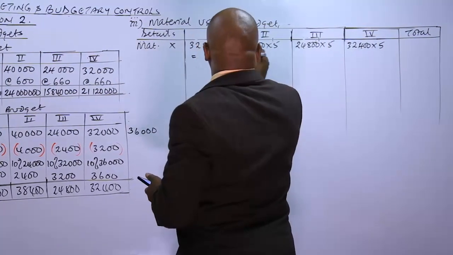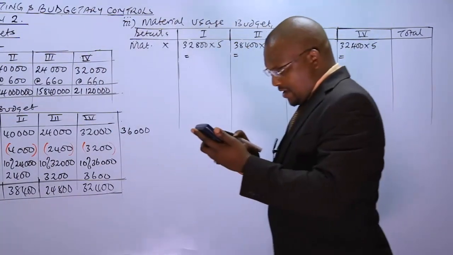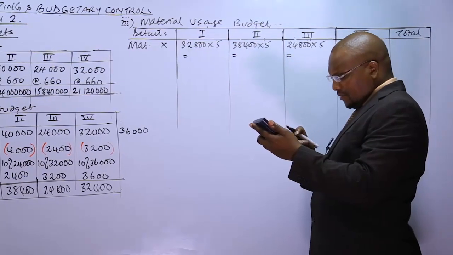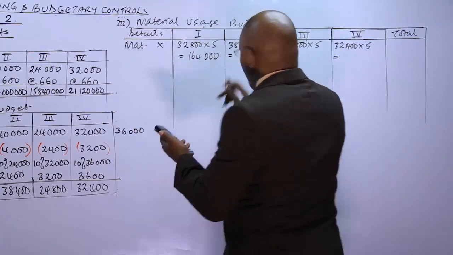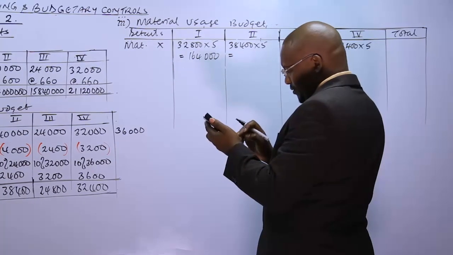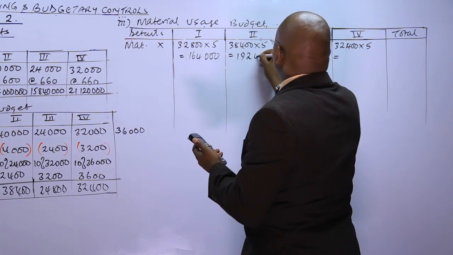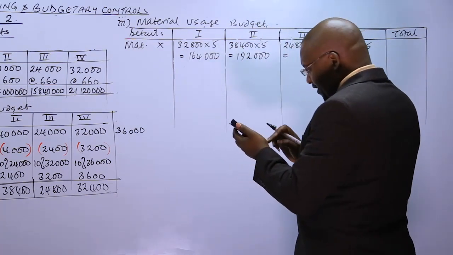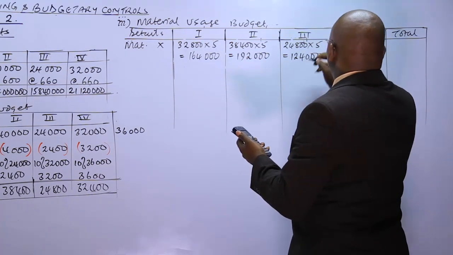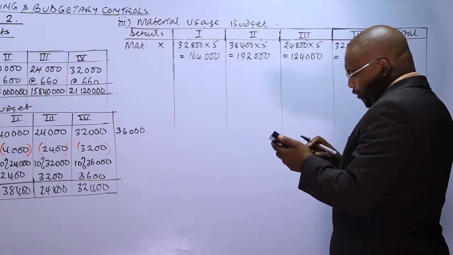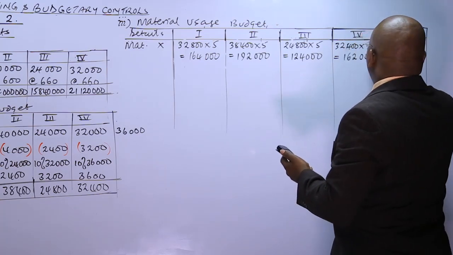So this will give us a total for material X. This is 32,800 times 5, which is 164,000. 38,400 times 5, which is 192,000 kgs. 24,800 times 5, this is 124,000. 32,400 times 5 is 162,000.